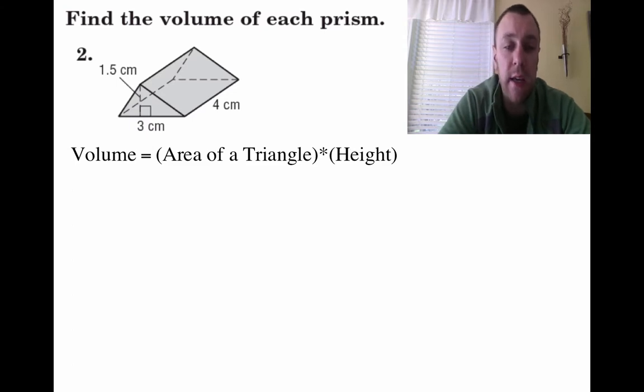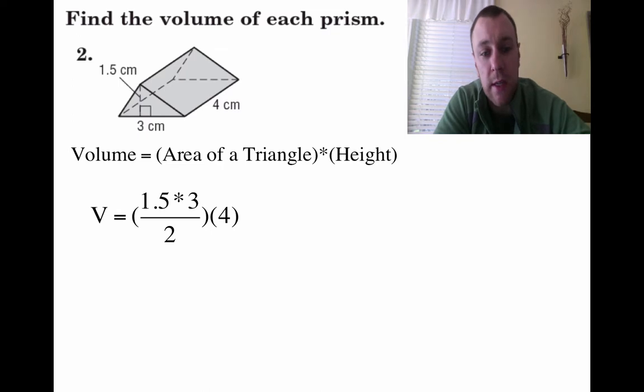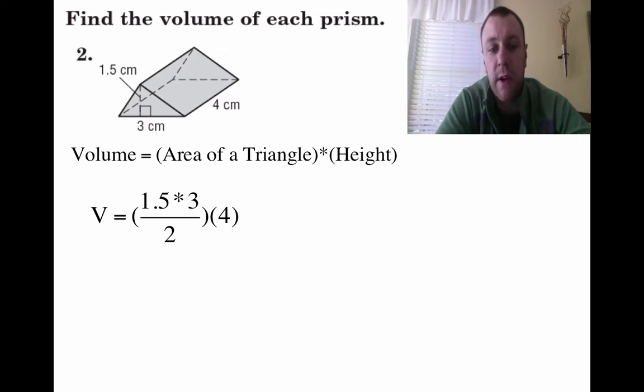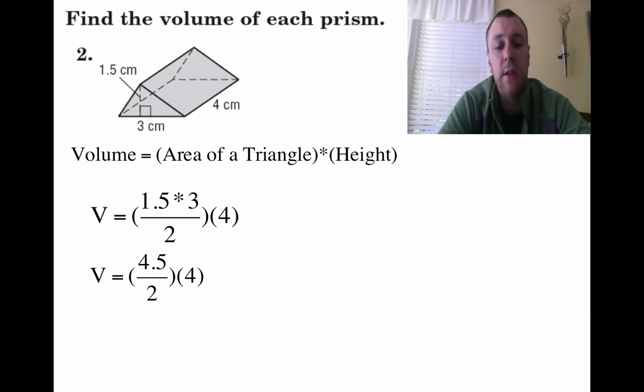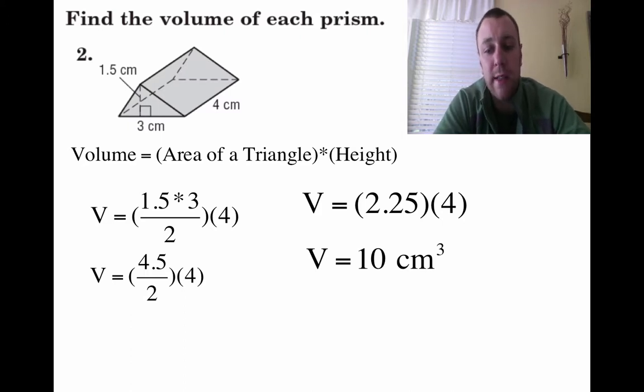The height that I'm talking about in the triangle is that 1.5. So the 1.5 is the height of the triangle times the base, which is 3. So it's 1.5 times 3 divided by 2 times 4. I would multiply first, divide by 2, and then I would get my grand total of volume as 10 centimeters cubed.